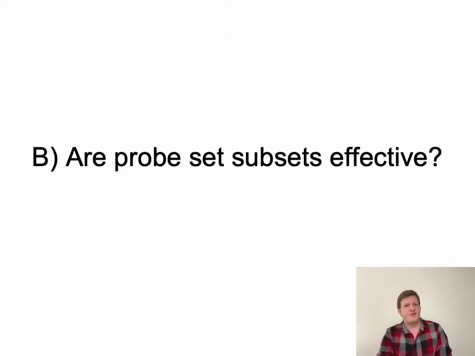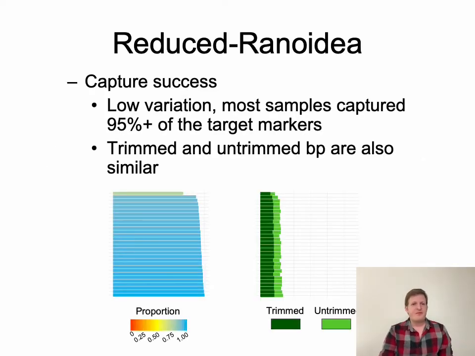And then our second question, are probe set subsets effective? When assessing Reduced-Ranoidea, when we assess the capture success, we find low variation in capture success, which is great because most samples captured 95% or greater of the target markers, except for one shown here.